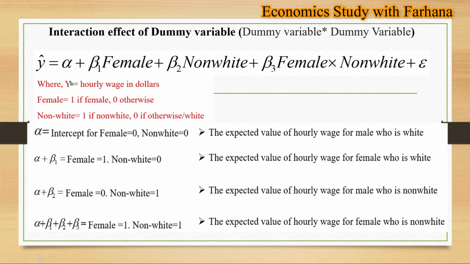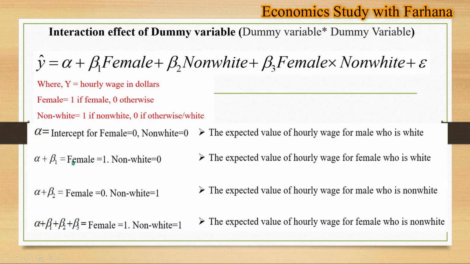If we multiply the coefficients with 0 and 0, the only remaining value is the intercept term, alpha. Then the second one, alpha plus beta 1, will represent the mean hourly wage for female and white, when dummy variable 1 equals 1 and dummy variable 2 equals 0, that means the expected value of hourly wage for a female who is white. If we calculate the second one, female equals 1 and non-white equals 0.